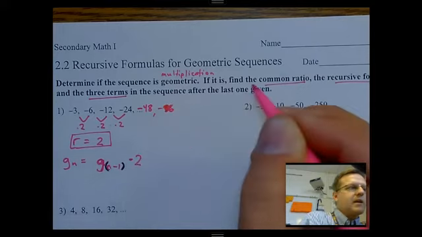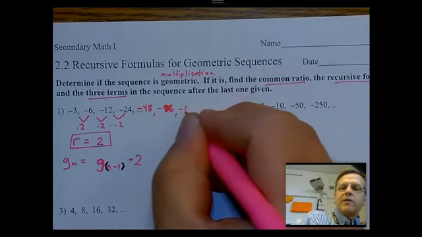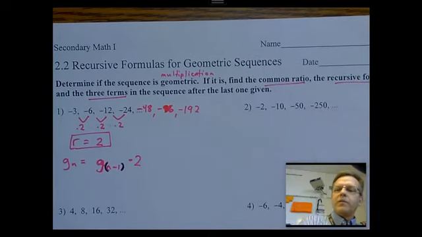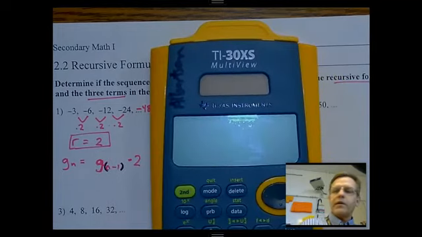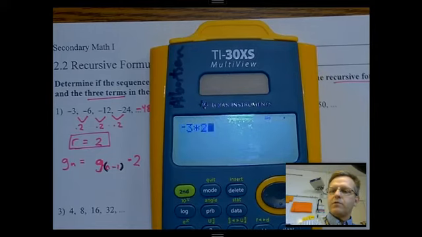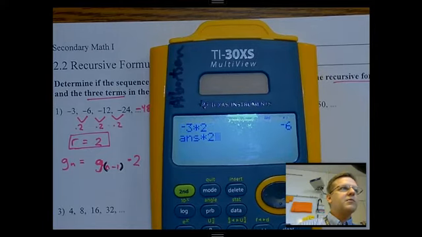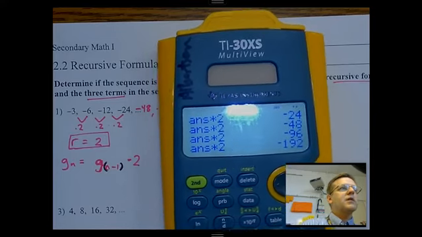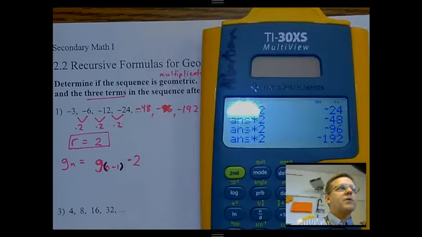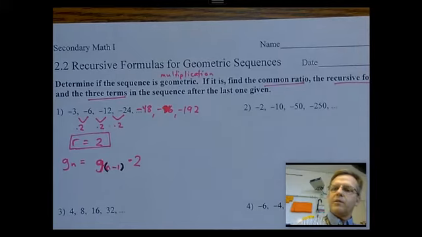Doing these in my head. And then -192. And feel free to use a calculator for those. If you were to use a calculator, you would have -3 times 2, then times 2, times 2, times 2, times 2, times 2. There we go.